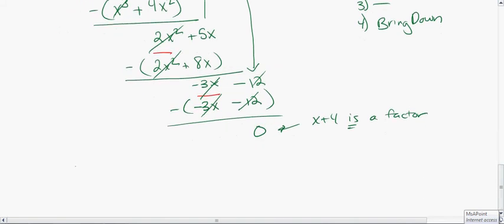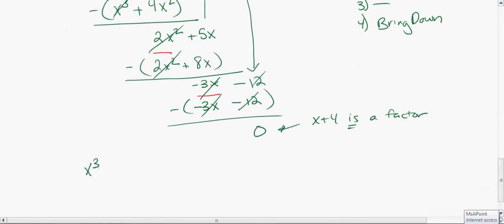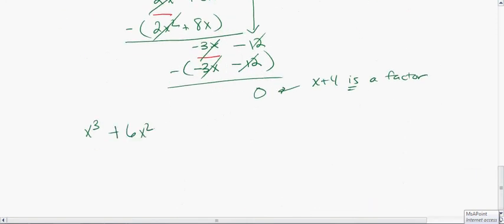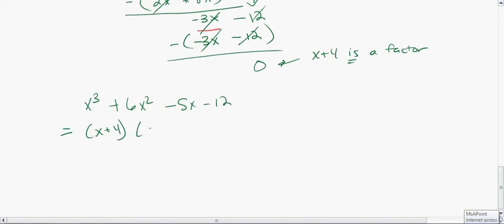My original was x cubed plus 6x squared plus 5x minus 12. And then I factored that, so it became x plus 4 and x squared plus 2x minus 3. So I factored it into those two things.